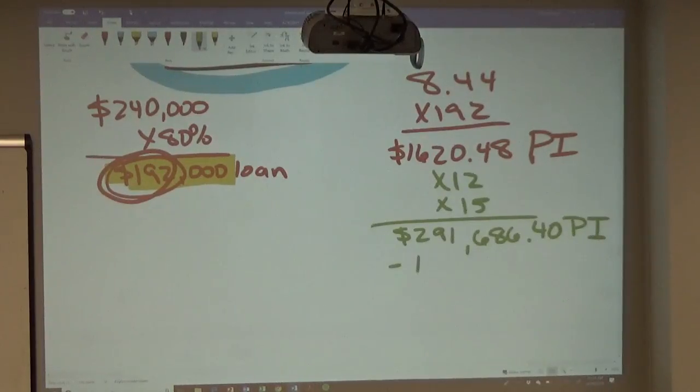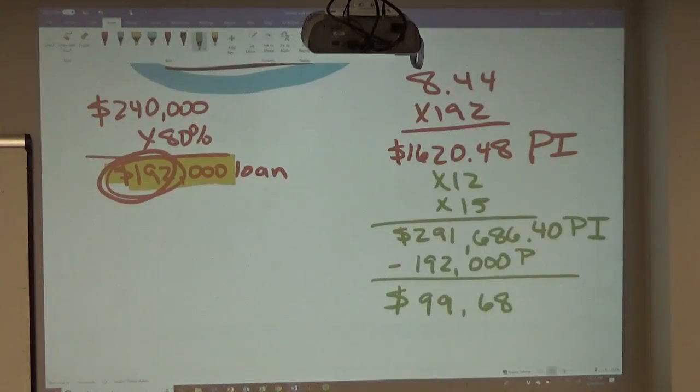So minus $192,000 that we actually borrowed, that's the principal, which we're subtracting out. And that gives us total interest of $99,686.40. And that's the total interest that's paid over the full life of that loan, $99,686.40.